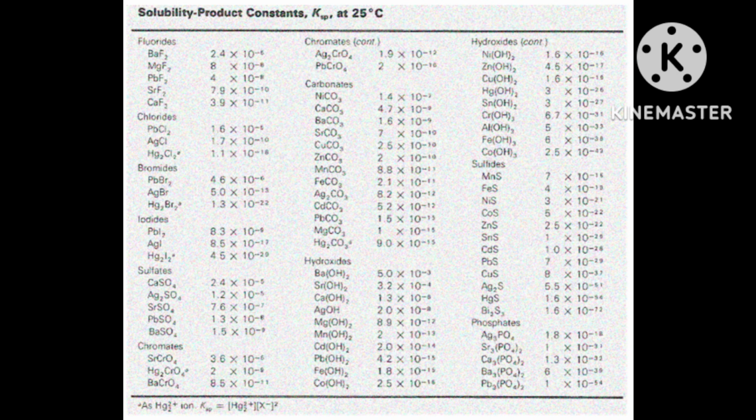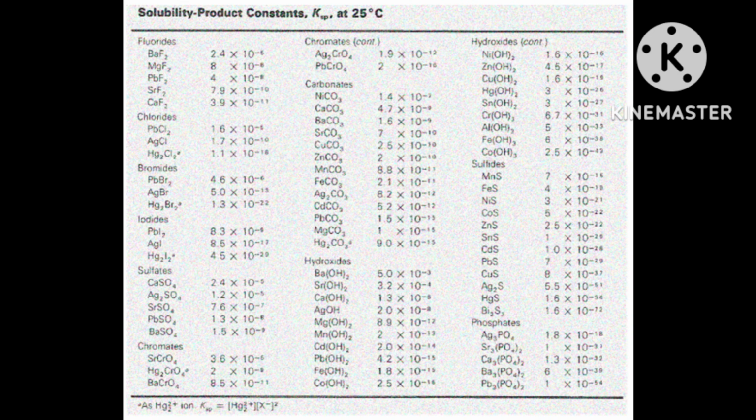Then S2 is the Ksp value divided by 4, to the power 1 upon 3. Then you will get the S2 value as 0.58 into 10 to the power minus 4.